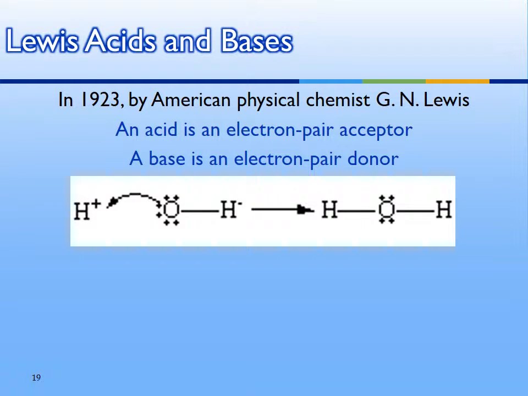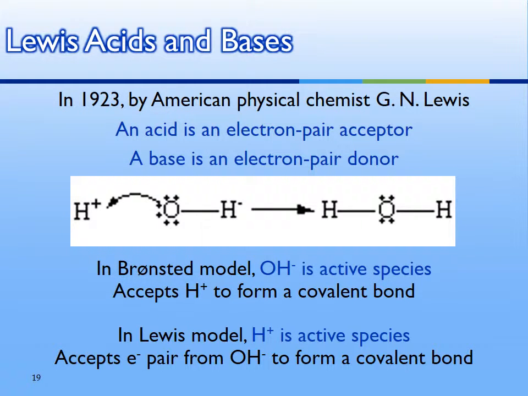Okay, so you can recognize from here that the hydrogen ion would be the electron pair acceptor and the hydroxide ion would be an electron pair donor. So in the Bronsted model, the hydroxide ion would be the active species because it accepts a hydrogen ion to form a covalent bond, while in the Lewis model, the hydrogen ion is the active species because it accepts the pair from the hydroxide ion to form a covalent bond.